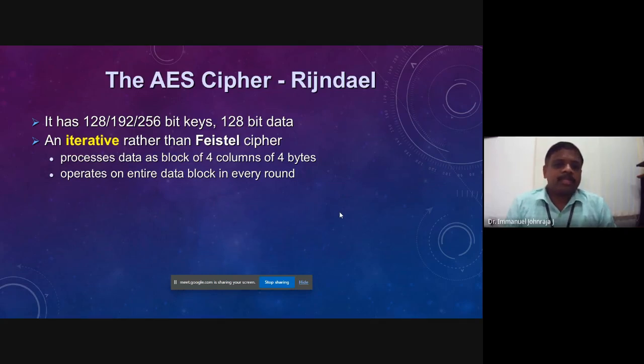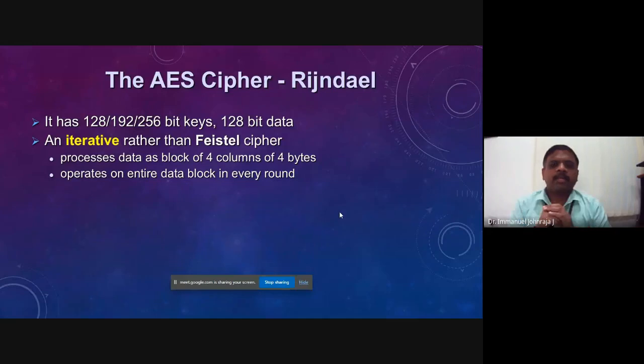Okay, it processes the data as a block of 4 columns or 4 bytes, and it operates on the entire data block in every round. But if you could recall what has happened in your Feistel or DES structure, the actual data block was divided into left and right.